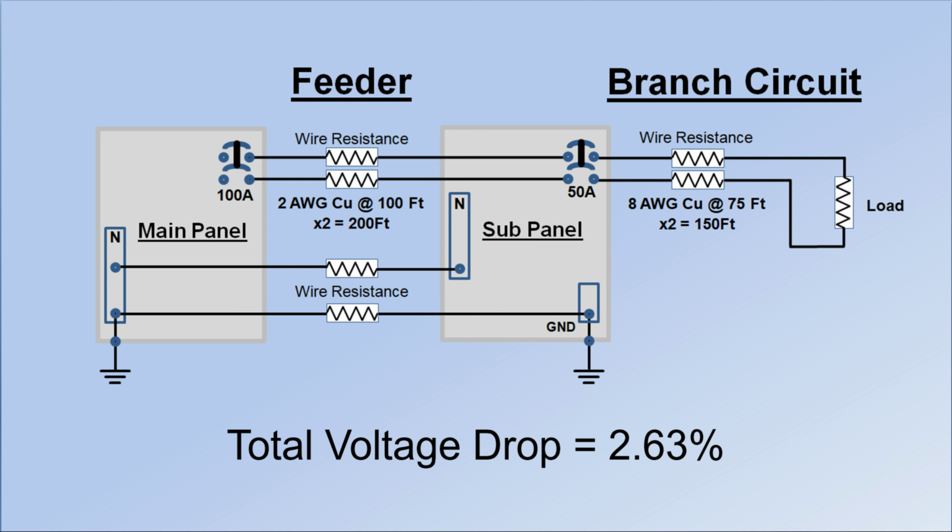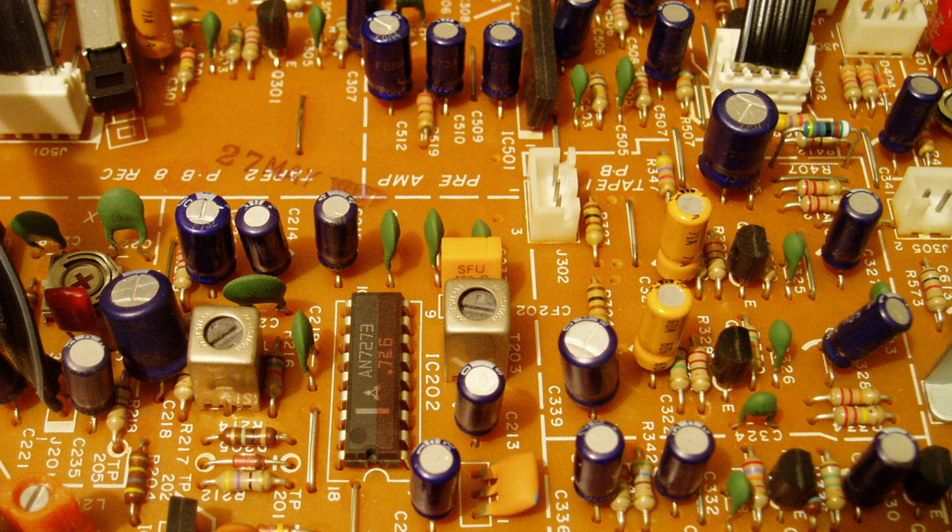So minimizing voltage drop is efficient. It saves you money in the long run. And additionally, minimizing voltage drop can also protect your expensive appliances. If your voltage is too low, you're going to have components that start to heat up, and they just might not last as long.